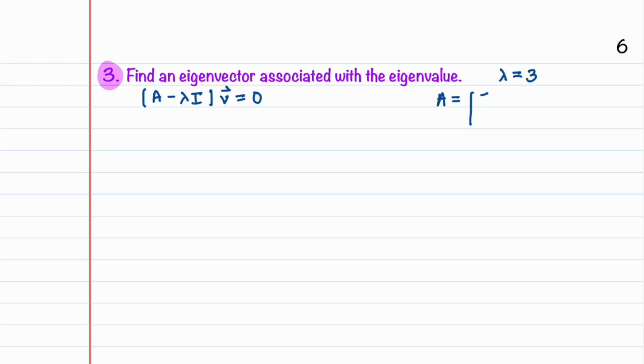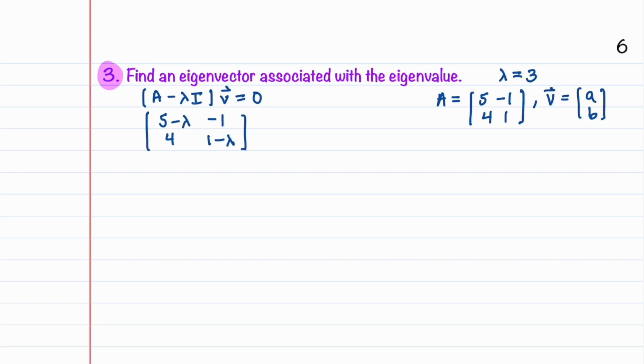From our last page, it was [5, -1; 4, 1]. And then we're going to let vector v be (a, b). We're going to subtract lambda off the diagonal, so we get [5 minus lambda, -1; 4, 1 minus lambda]. And we're going to multiply this by vector v, which we just saw was (a, b), and it's going to be equal to 0 on the right-hand side.